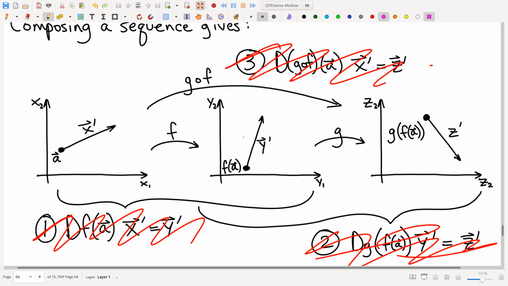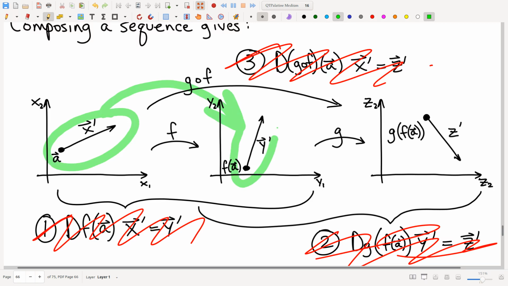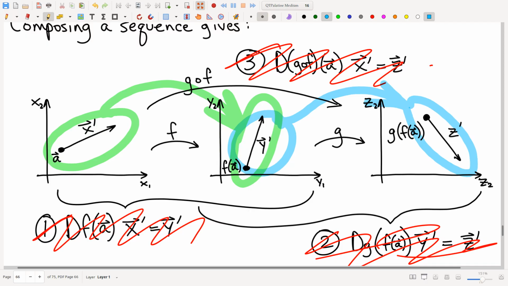Well, you might be able to see this coming on this picture. df is the factor that you multiply by x prime to get y prime. So again, don't get lost in the weeds of the algebra, but df is a factor that takes you from here to here. dg, likewise, is a factor that takes you from there to there. And factors multiply.